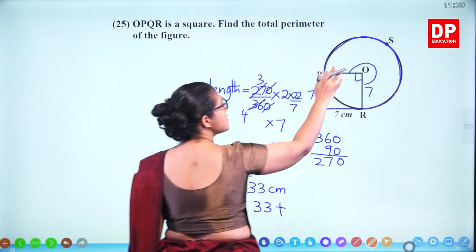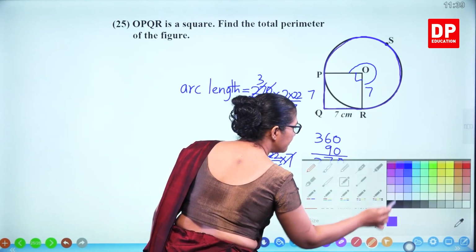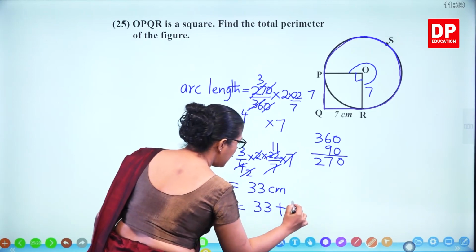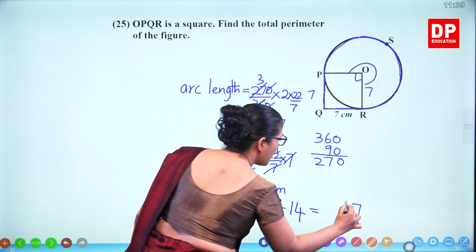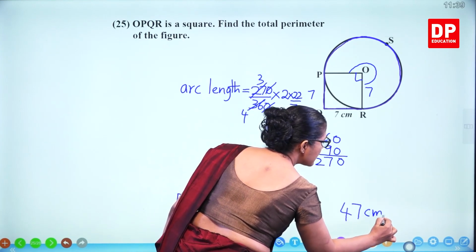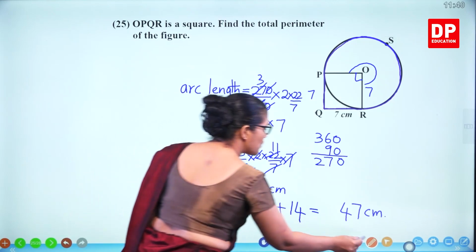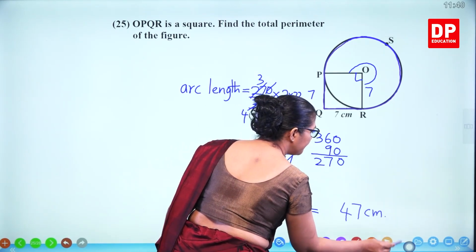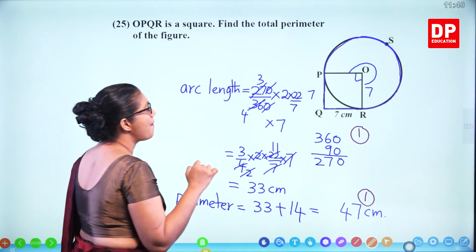We are not adding inside lengths. So you have to add another 14. You get 47 centimeters as the perimeter of this figure. So you get 2 marks for that, 1 mark and 1 mark for the method.